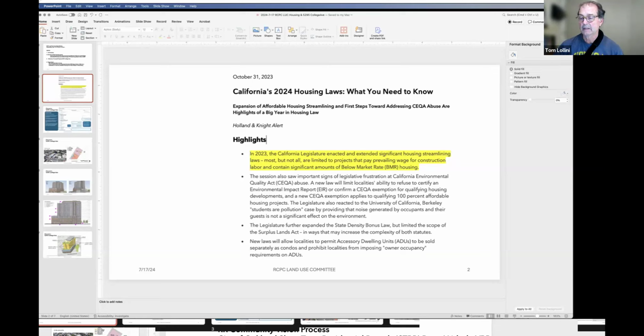And the idea is that then all approvals for housing, or most, can be done through what they call ministerial approvals, which means basically staff can handle it. There's no public hearing. If public hearings are required, there's a maximum number of public hearings that can be held on a project of 5, including actions in and around any CEQA activity, whether it's a mitigated negative declaration or a full CEQA analysis.